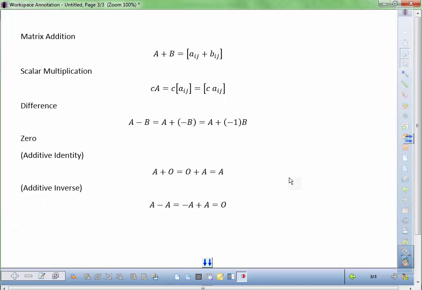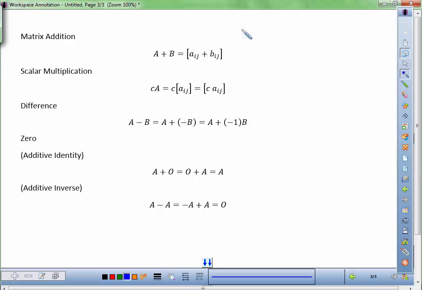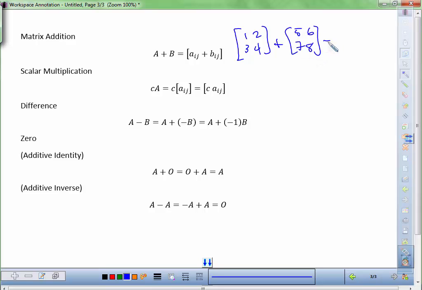And I don't know if we need to do examples for each one of these, but maybe we'll try to come up with some quick examples. Maybe if I just have a 2 by 2 matrix. When we add matrices, first of all, the matrices have to be the same size, otherwise you're not going to be able to add them.